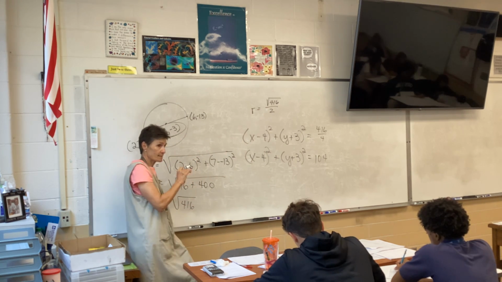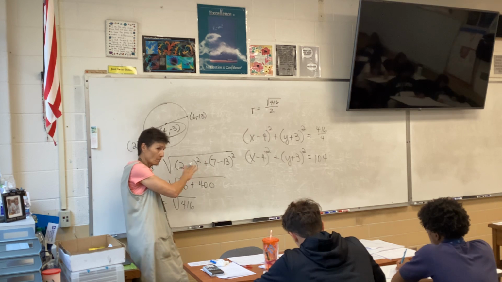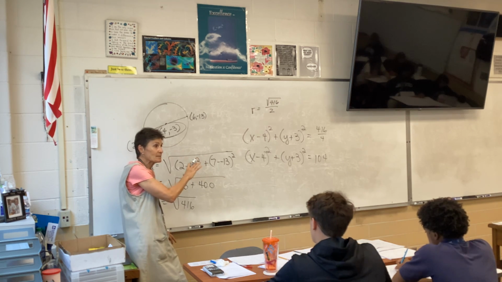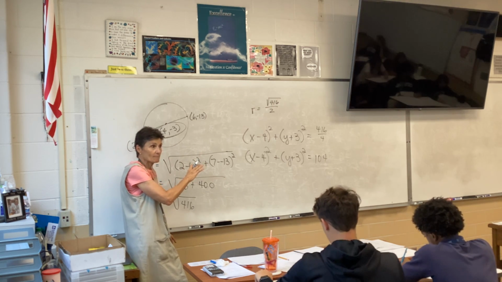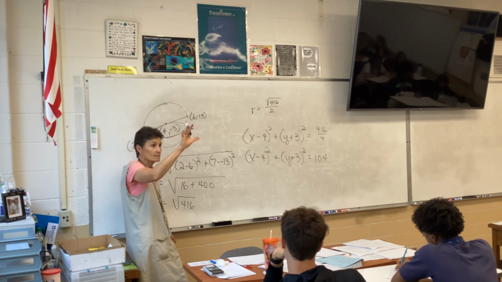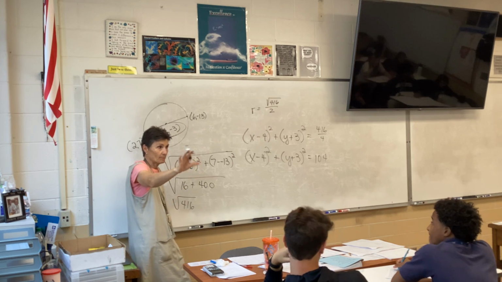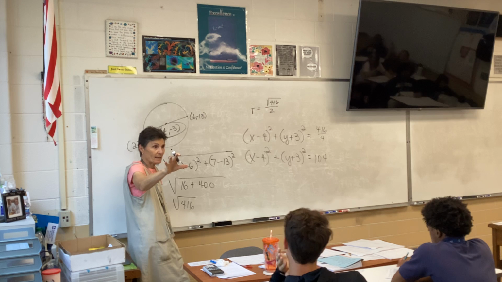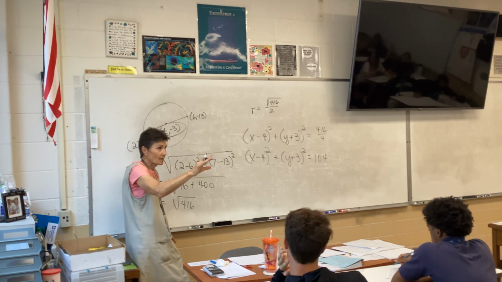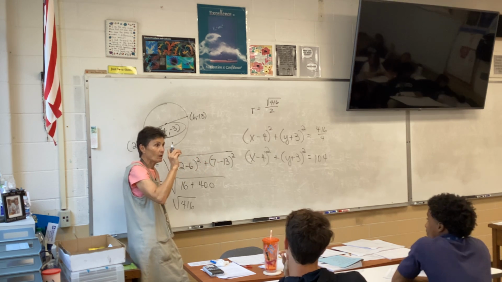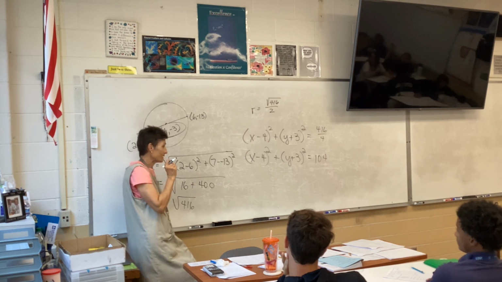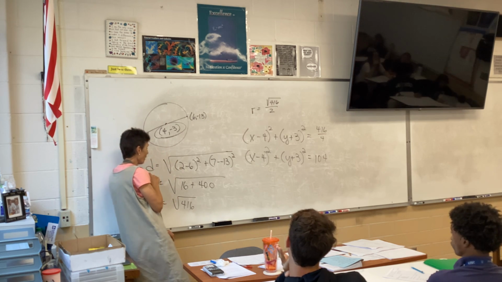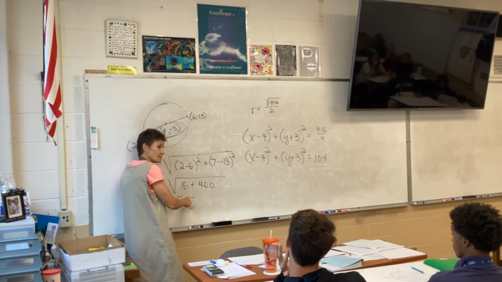Now, let's stop here. Did you make any mistakes, or are you confused about any of our steps? Somebody back here had a hand up right from the beginning, because I think you didn't want to find this distance.